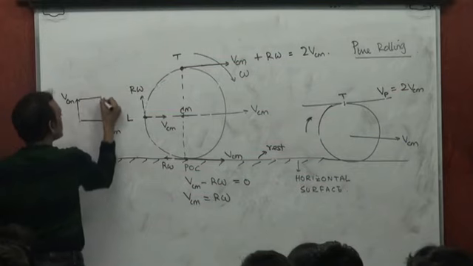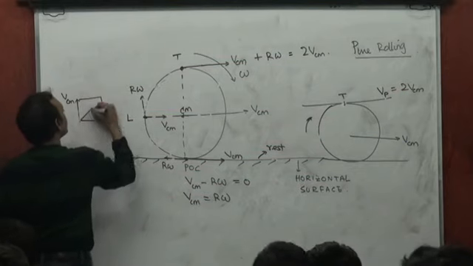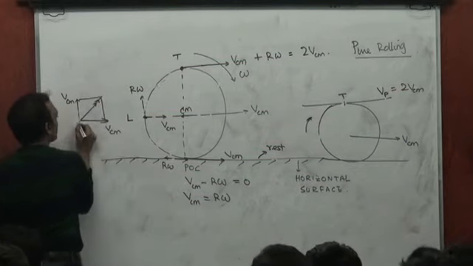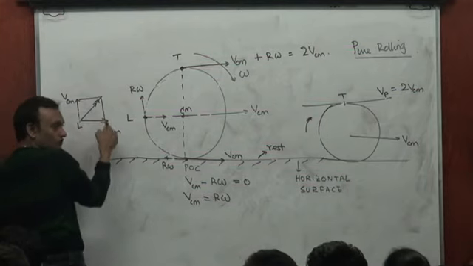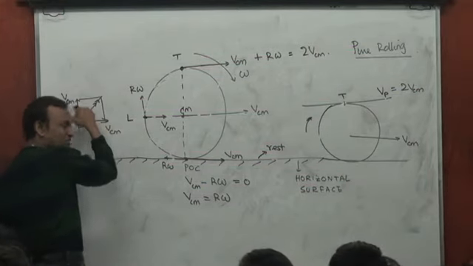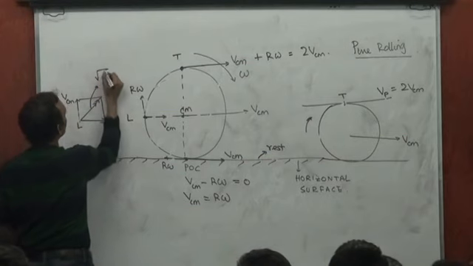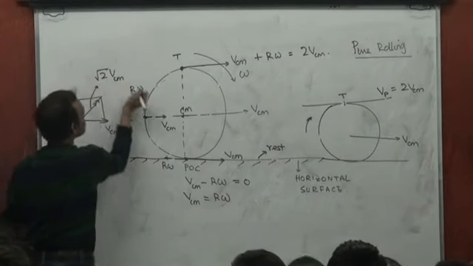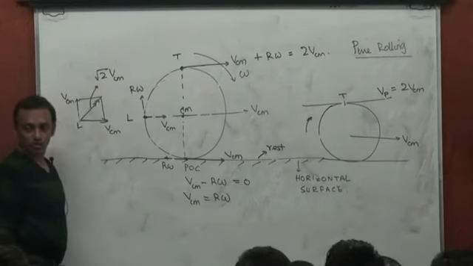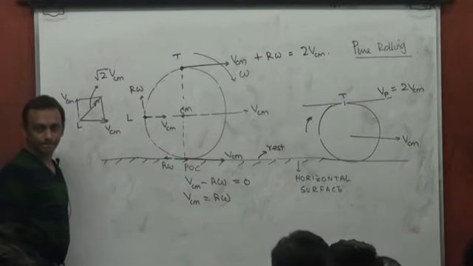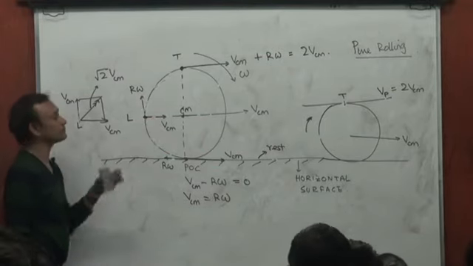The resultant of these two would be root 2 VCM. The velocity of this leftmost point is going to be root of VCM squared plus VCM squared, which is root 2 VCM. Got me? Of the leftmost point, right?